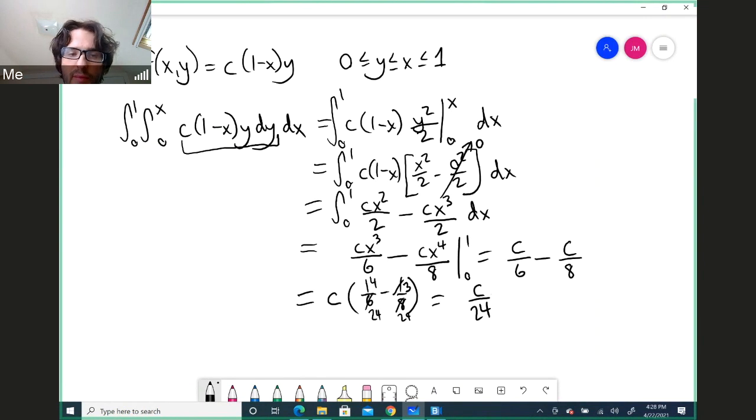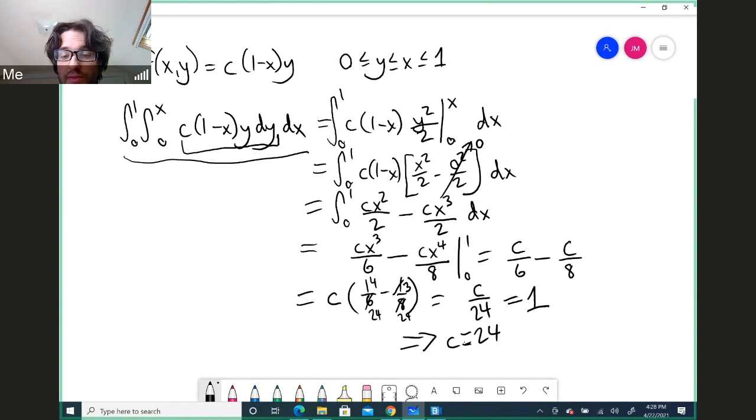And remember that we started off by doing all of this by knowing that the integral of all of this has to equal 1. So we set that equal to 1, and that tells us that c is equal to 24. And so now we've found what the value of c is, and that's pretty much that.